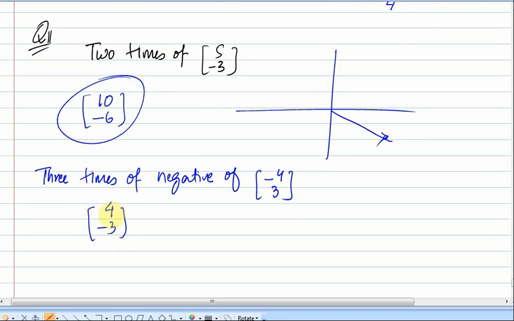And then 3 times this, so it will be (12, minus 9). So you need to plot 12 and minus 9: 12 on the positive x, 9 on the negative y. So that is (12, minus 9). Right? So the difference is only the 2 times and the 3 times; all the rest we had discussed in detail in the graphical portion.